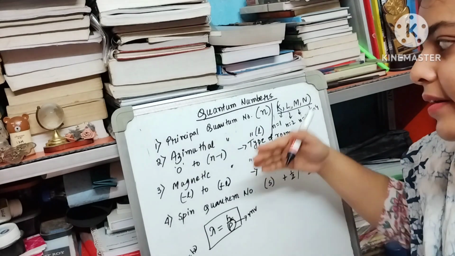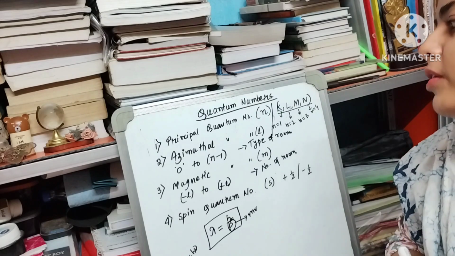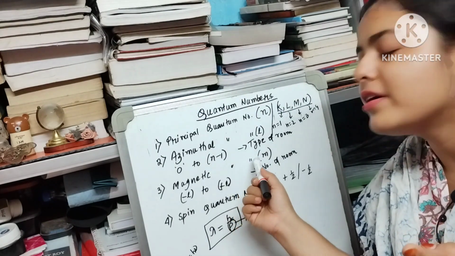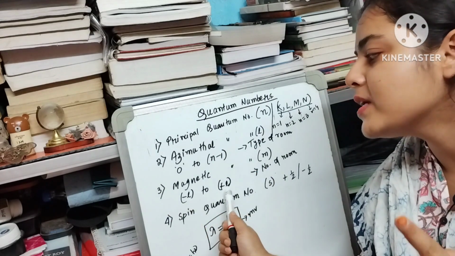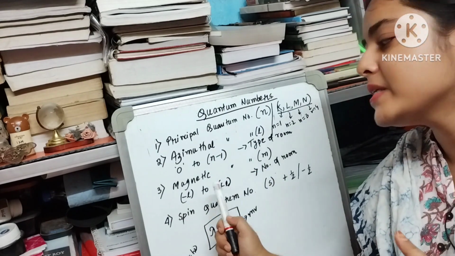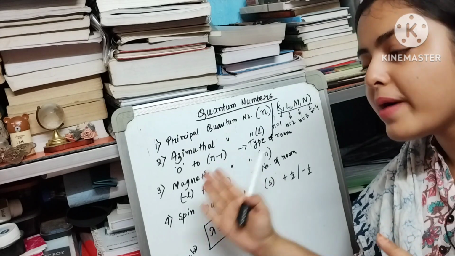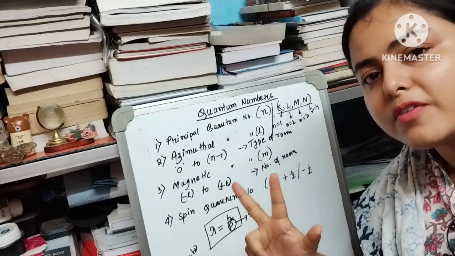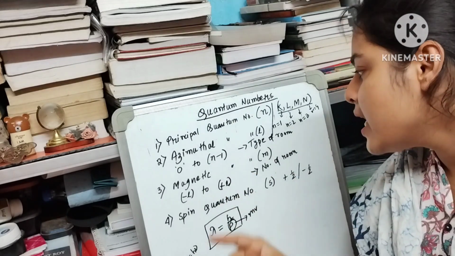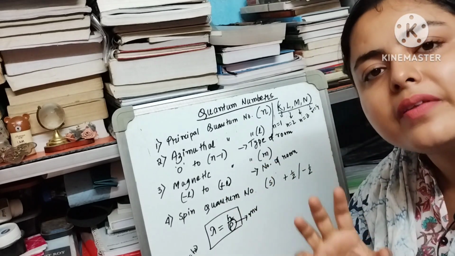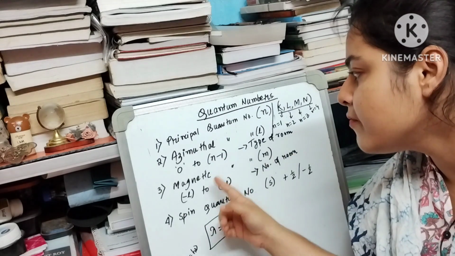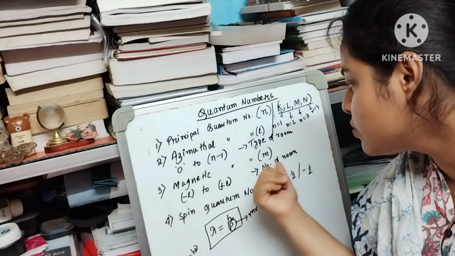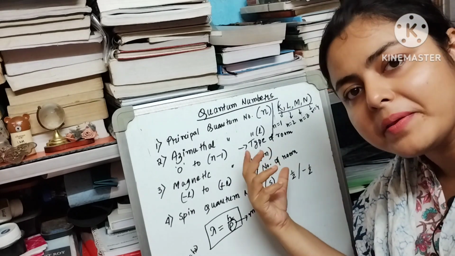For example, if the azimuthal quantum number is 1, the magnetic quantum number runs from minus L to plus L, that means minus 1, 0 and plus 1. Three values we are getting, so three rooms will be there for L equal to 1.